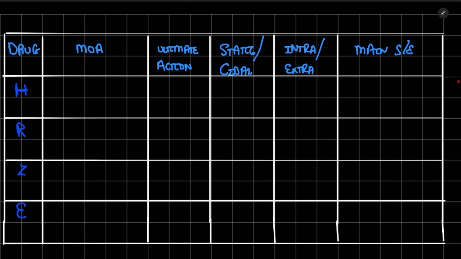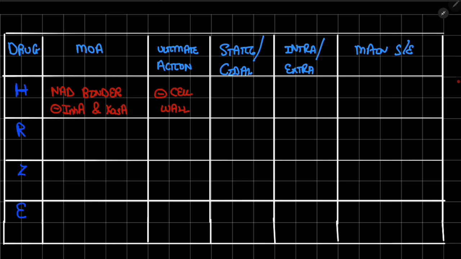Okay, so HRZE. H stands for isoniazid, R for rifampin, Z for pyrazinamide, and E for ethambutol. So now for isoniazid, the mechanism of action was it binds to NAD. Okay, NAD binder, and it will inhibit INHA and KasA. And the ultimate action was it will inhibit mycolic acid and therefore the cell wall synthesis.